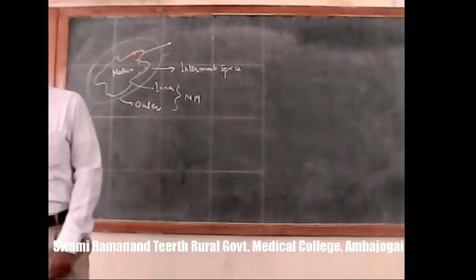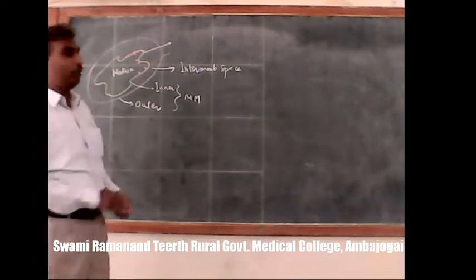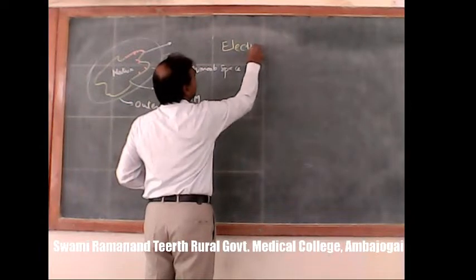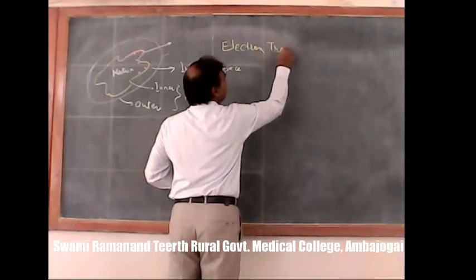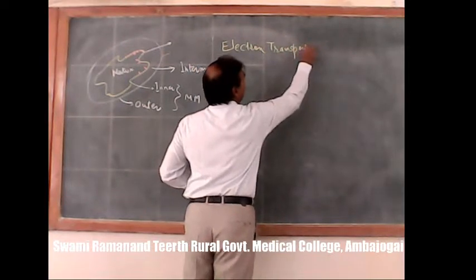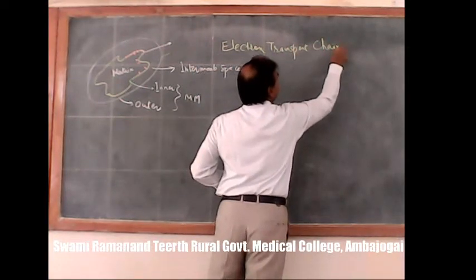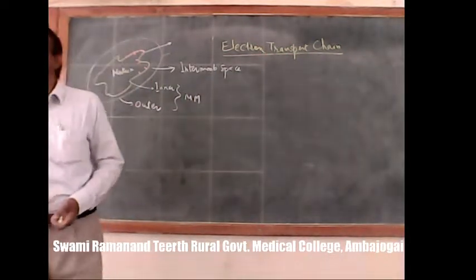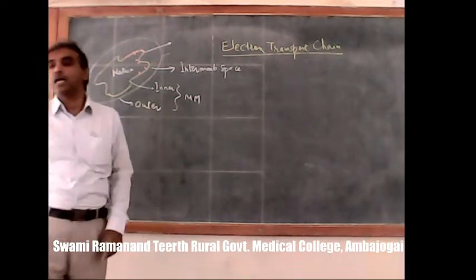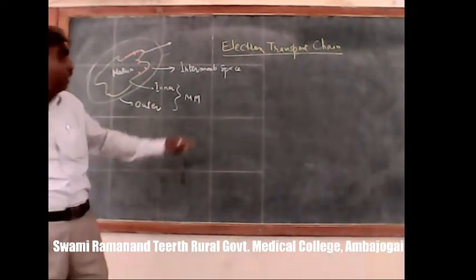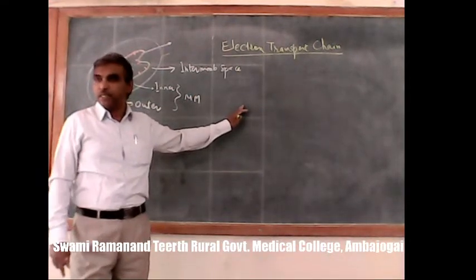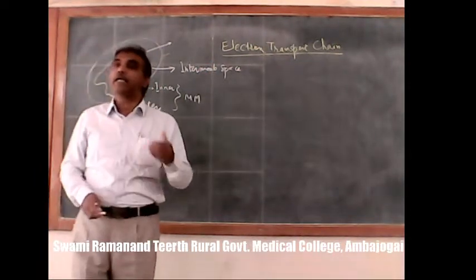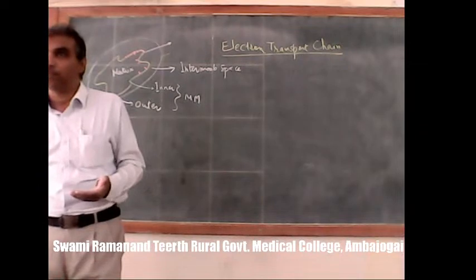These structures are nothing but the electron transport chain, and the substrates we have seen previously are arranged in this electron transport chain in their increasing redox potential.